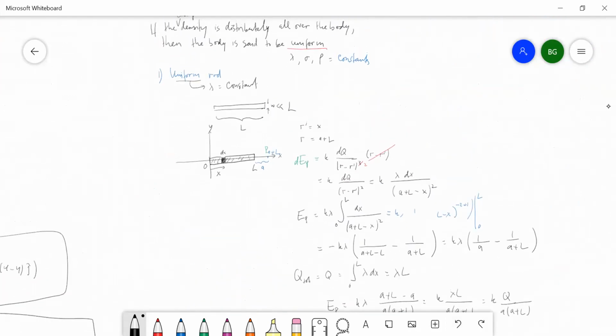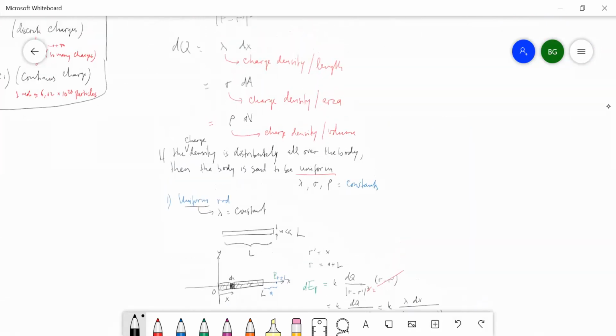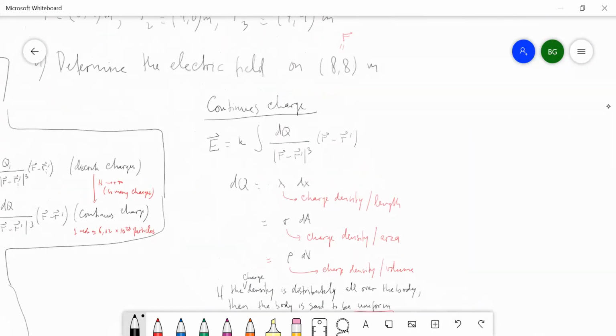So we will consider continuous charge. In the continuous case, we have three cases. One, this infinitesimal charge, dQ, equals lambda dx, where lambda is the charge density per length.